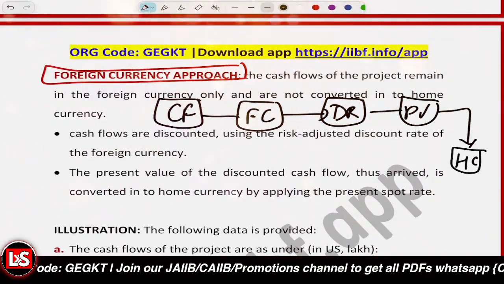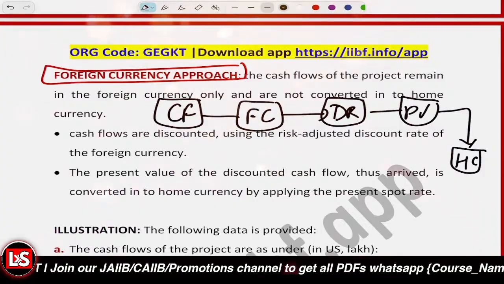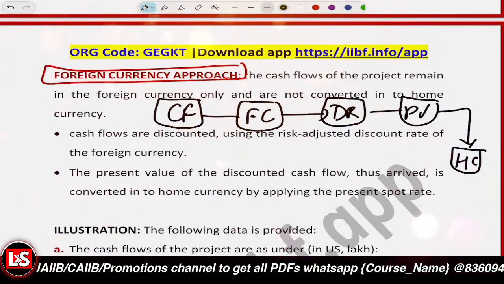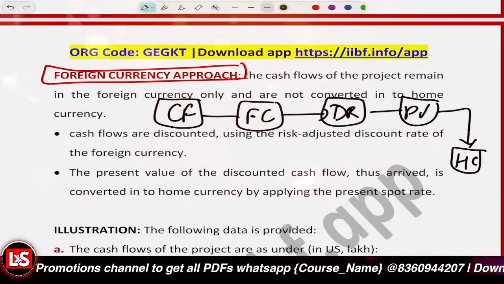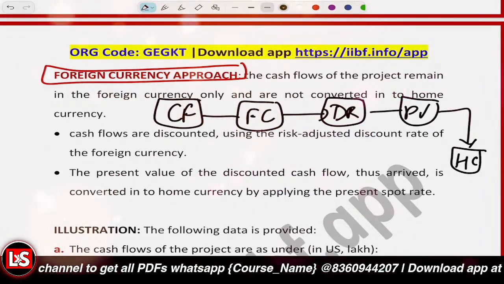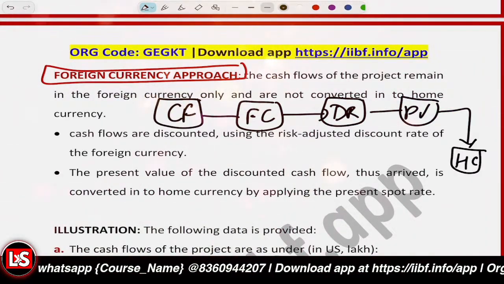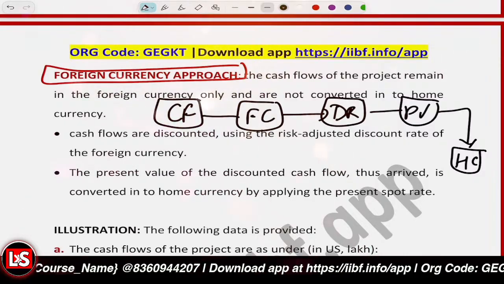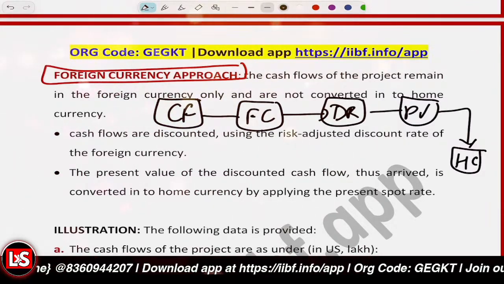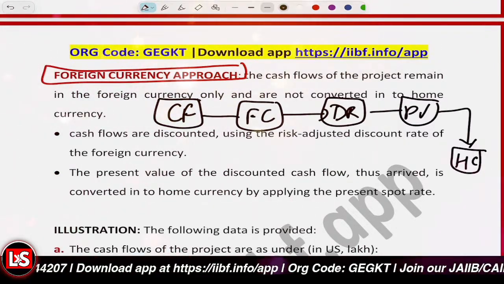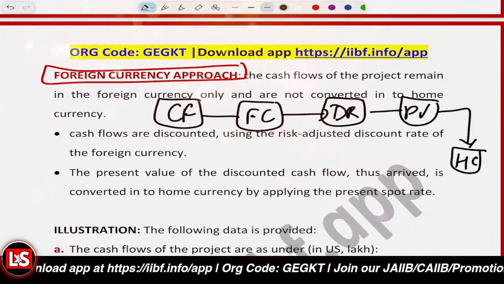This is the process to be followed in case of the foreign currency approach. Clear with it, right?